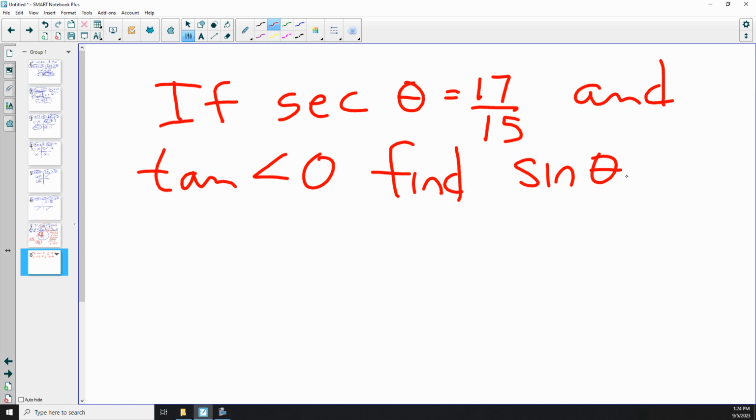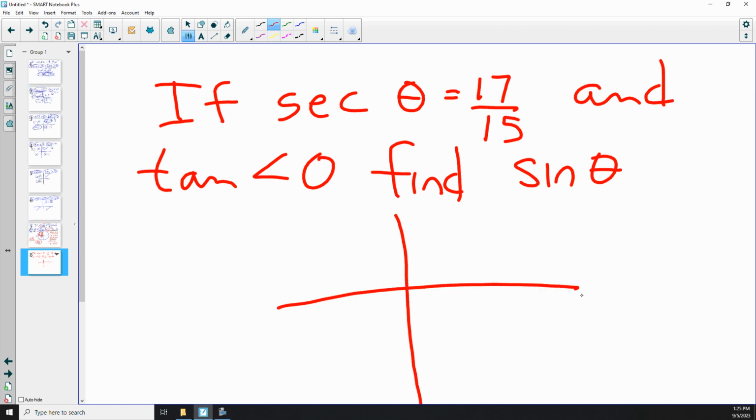If secant theta, that means what? Cosine is positive 15 over 17. And then I tell you that tangent is less than 0. Well, Romeo, where art thou? Quadrant 4, huh?